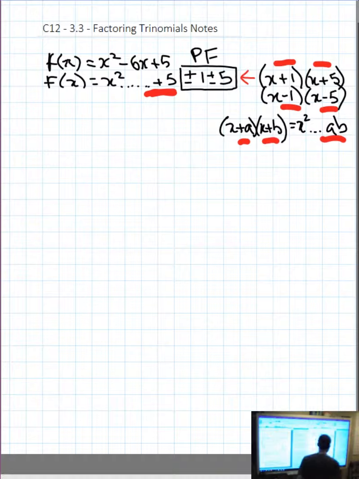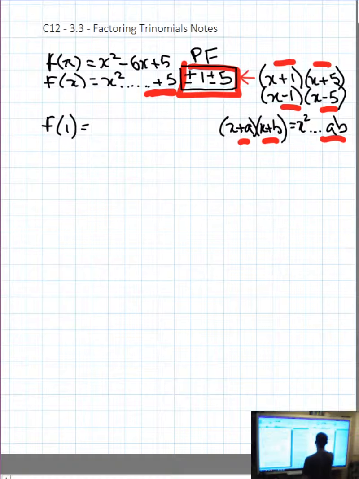As we learned in the factor and the remainder theorem, I want to test out my potential zeros of 1 and 5 by substituting into the equation. Let's start with f of 1.